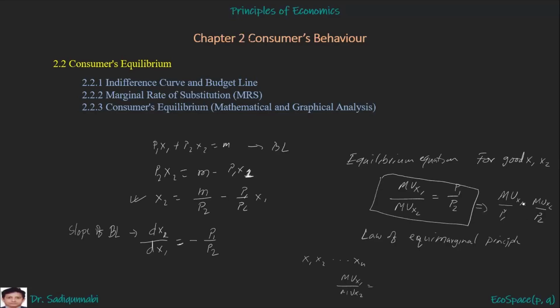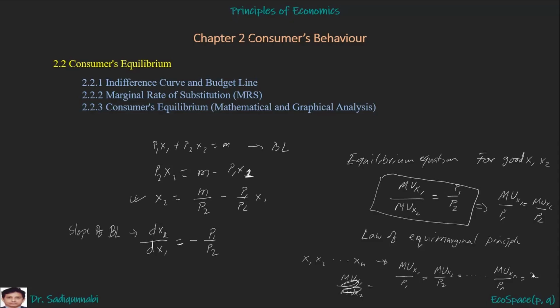For beautification only, you can write it this way: for n number of goods, MUx1 divided by p1 equals MUx2 divided by p2 equals MUxn divided by pn, which is constant because it is a law.